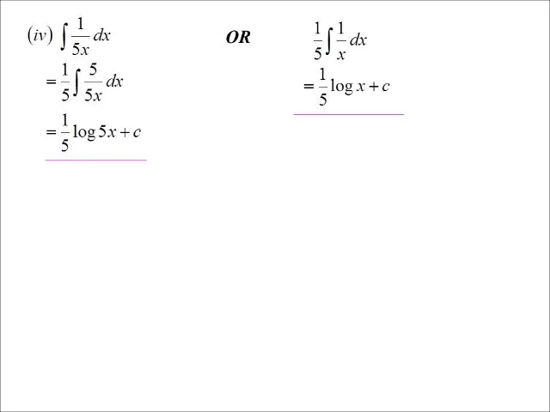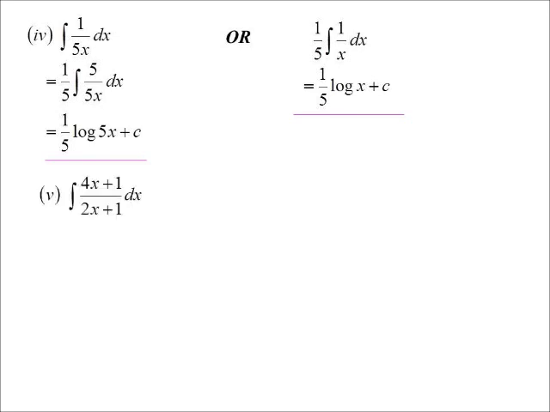I could use my log laws on the log of 5x and go, oh, well, that's 1/5 the log of 5 plus 1/5 the log of x plus a constant. Well, a 5th log 5 is a constant number. So it's different to the constant that I got over here, but it's still a 5th log x plus a constant. Now you don't have to make it a 5th log x. That's a perfectly fine answer, the 5th log 5x.